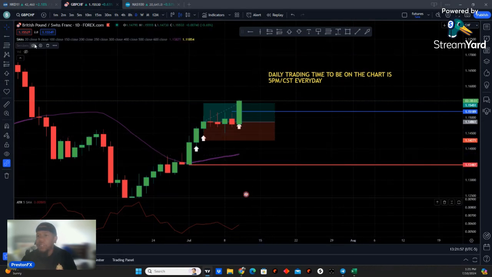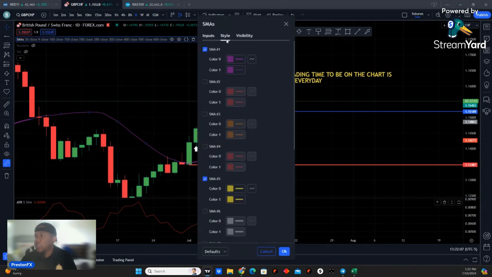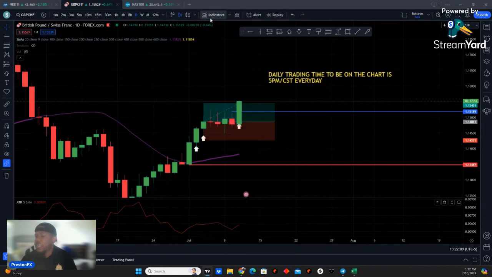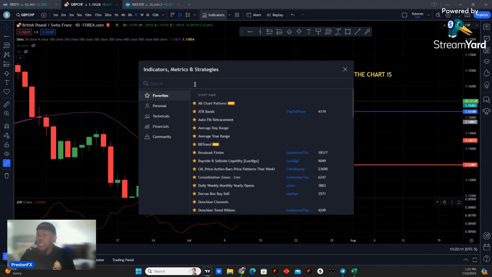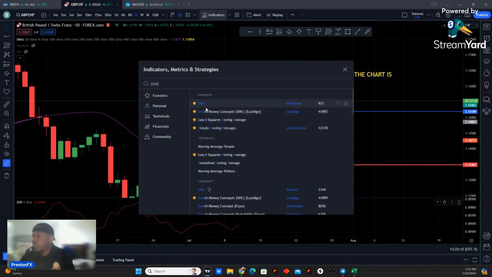And then the only indicator I have for this one is the SMA. I have it up here as the 20, SMA 1 as the 20. All you got to do is go to indicators, type in SMA, and go to the simple moving average by StockSpot. Which one is that one?